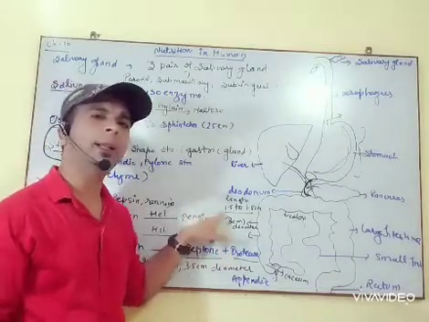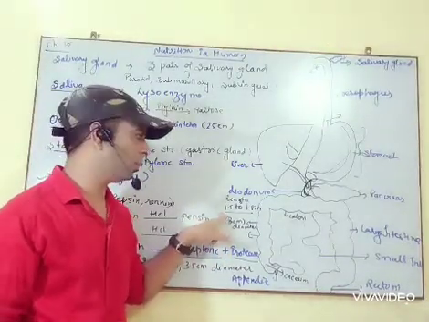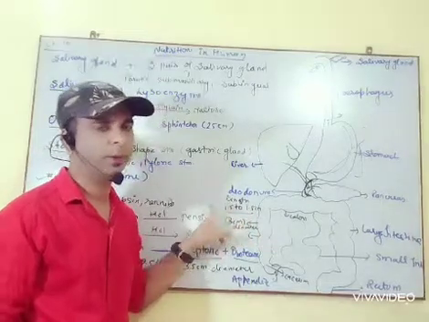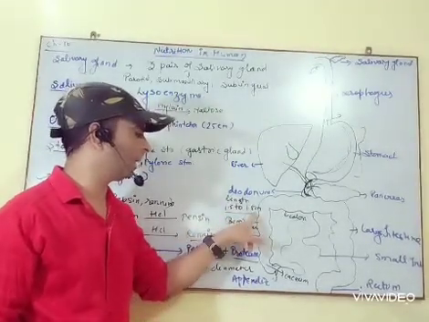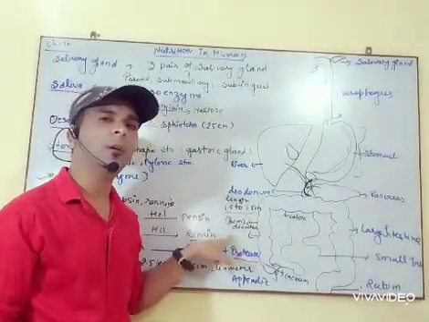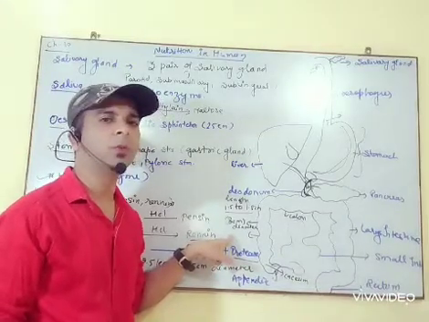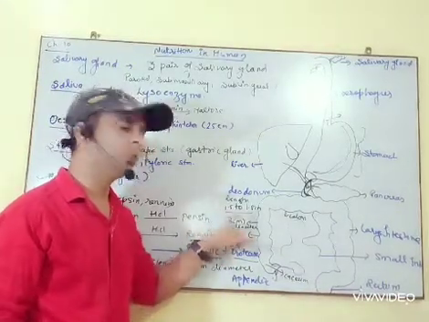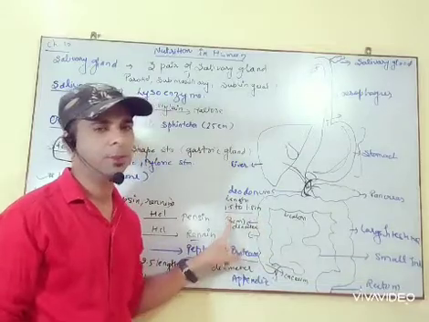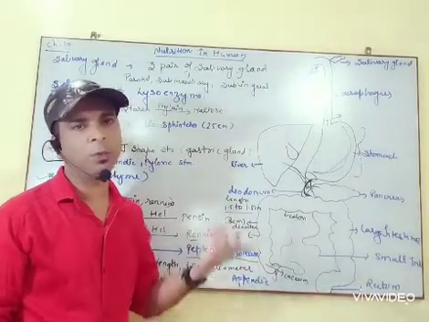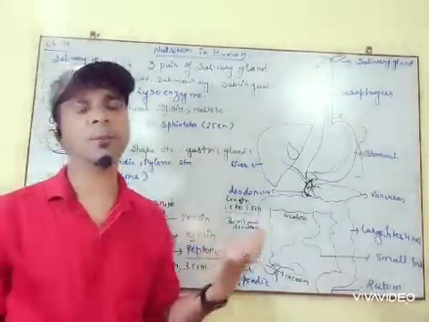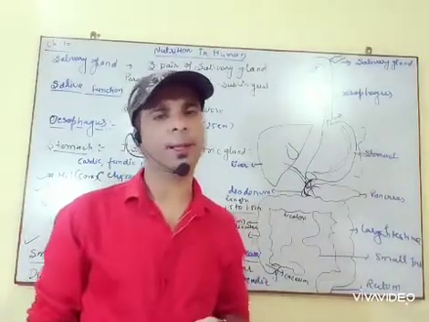And the total length of the colon is 1.5 to 1.8 meters, and its diameter is 8 centimeters. What is its role? It helps in absorption of water and certain types of medicine.